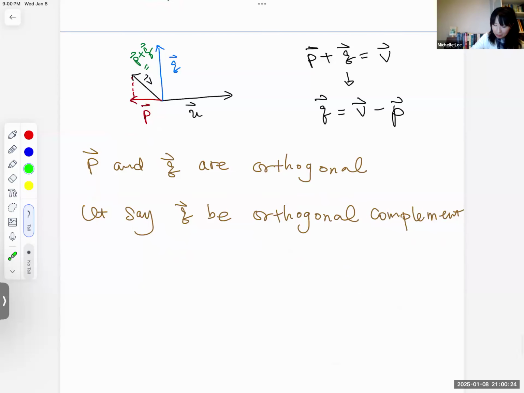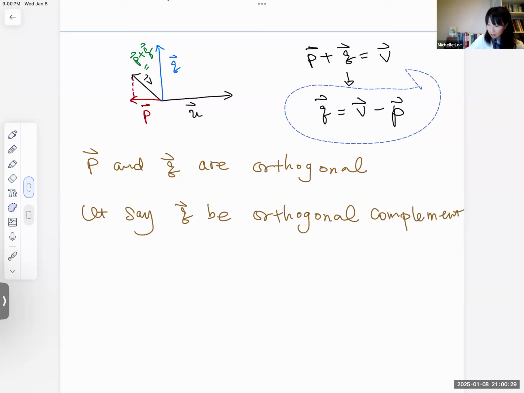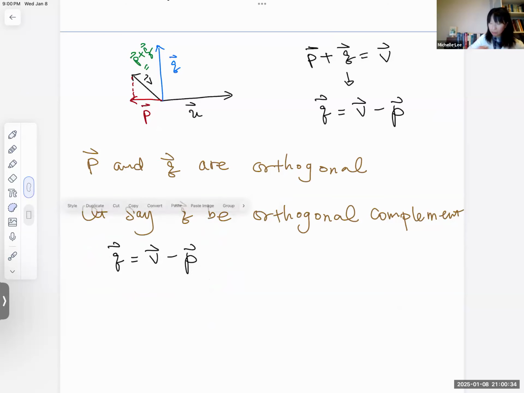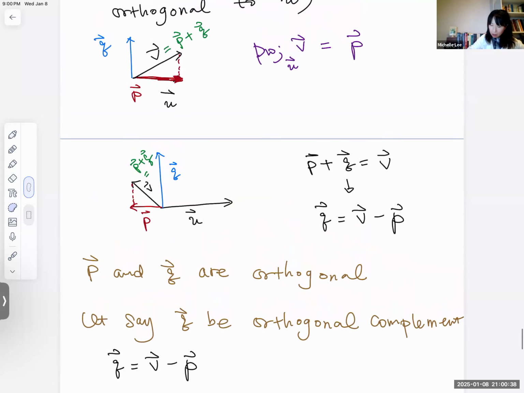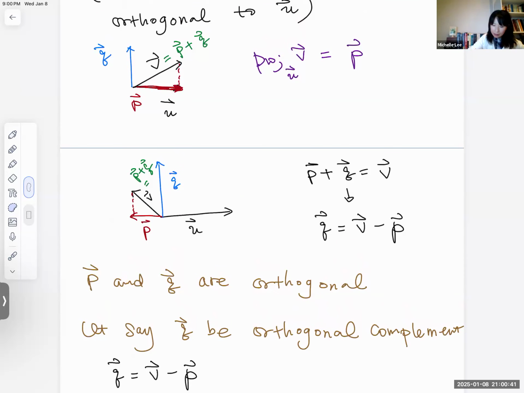So let me just write down this one. Copy. Then what's the P? P is the projection of vector V onto U, right? Even here, even there, the same.